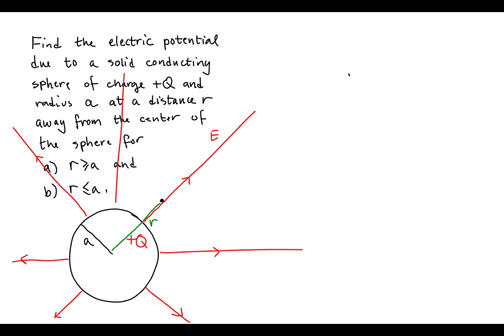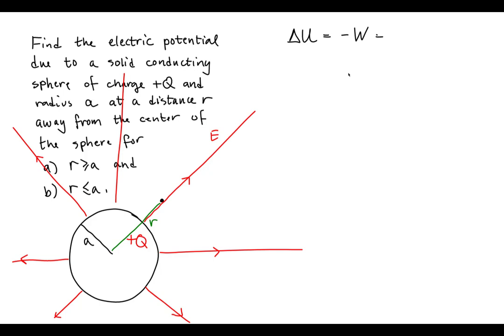Well, to discover that connection, let's look at the definition of electric potential energy. Remember, electric potential energy is defined as the change of potential energy between 2 points. And that is equal to minus the work done by a conservative force in moving an object between those 2 points.